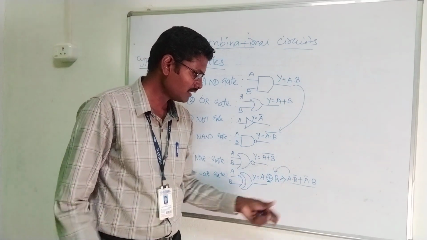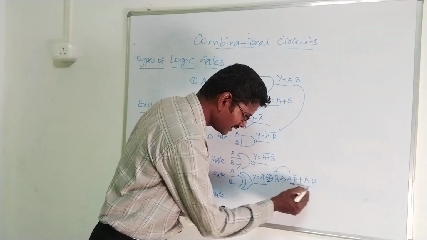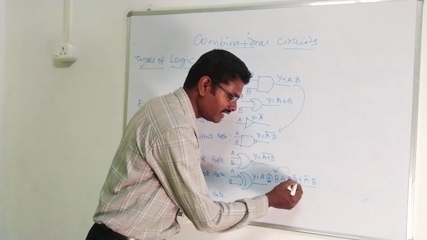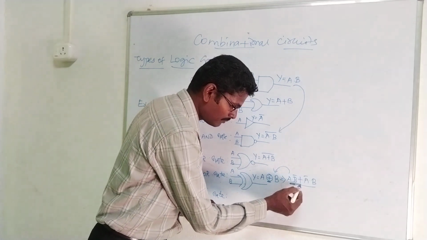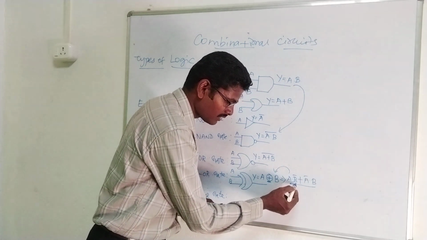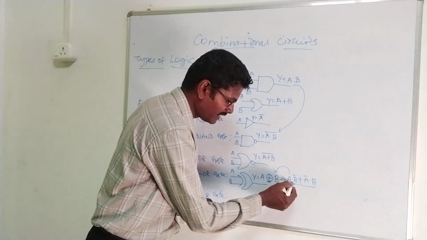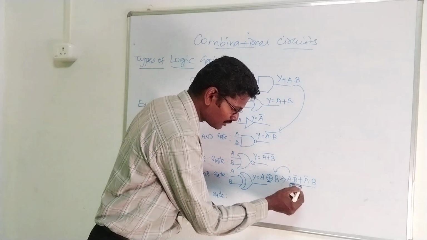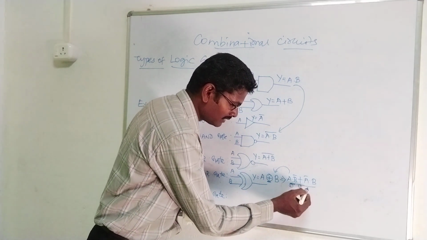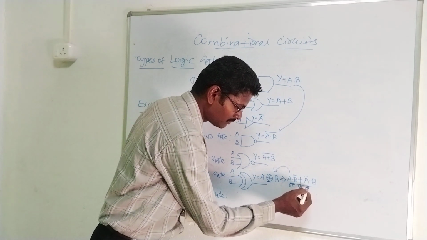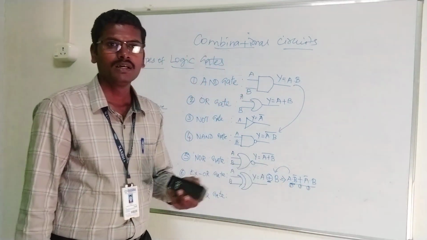So for implementing this expression, we need three gates, right? For A dot B bar, a product term, we need an AND gate, and for this plus we need an OR gate, and for this A bar dot B, multiplication, we need one AND gate, right?